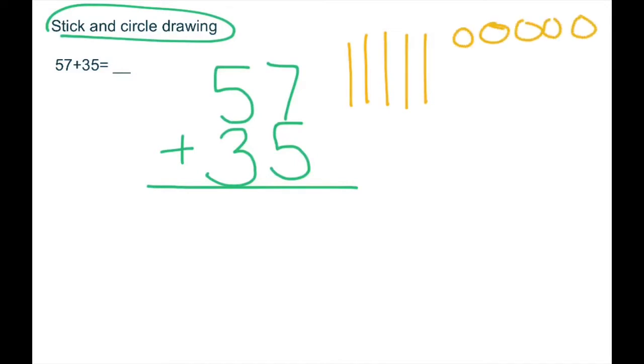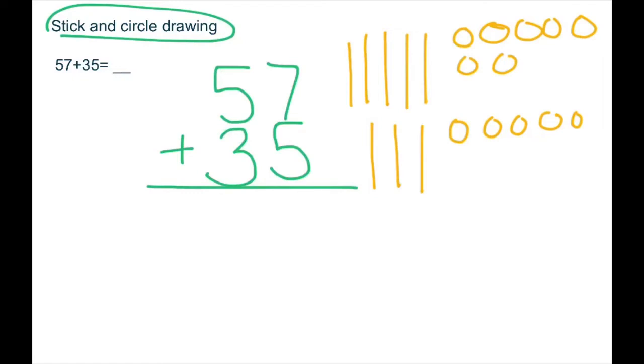Having a good understanding of place value is going to be very important in solving two-digit addition with greater numbers. So 57, 5 tens and 7 ones, 35, 3 tens and 5 ones. Now we know that we can make a new 10 over here.